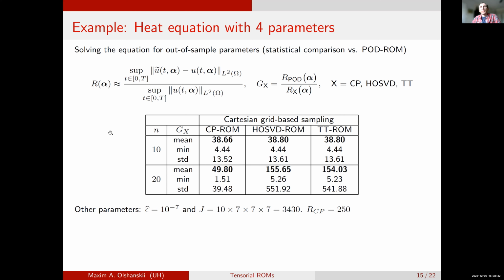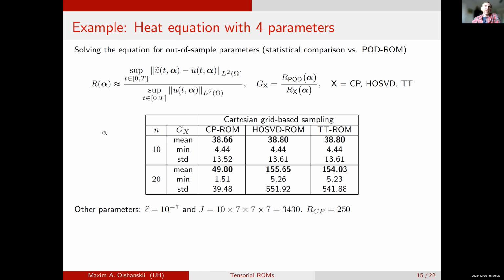This compares the ROM accuracy of tensor SVD and standard POD for this problem. The statistic here is the ratio between the error of POD-ROM and the error of tensor-ROM for several formats, and for 2 values of n.